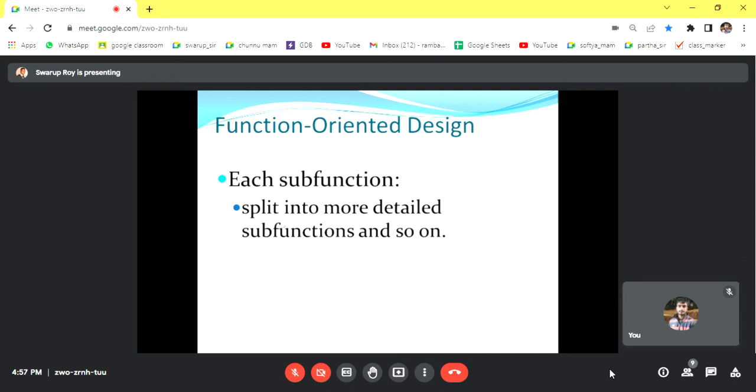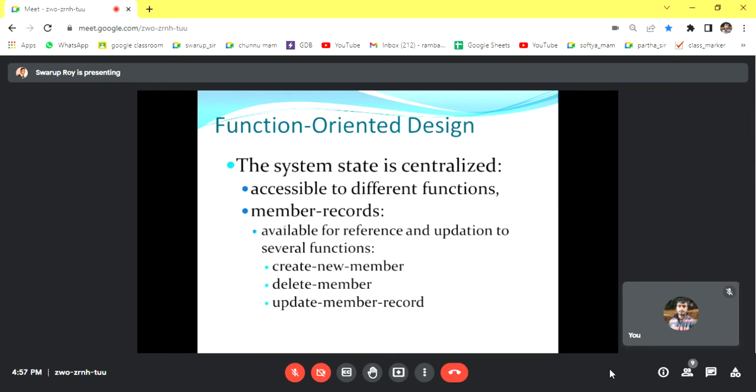Computational task is more in those lower level modules. Then you have to think about whether you need more splitting of the functions or you can just put it there as actual code. That way you have to arrange these things.